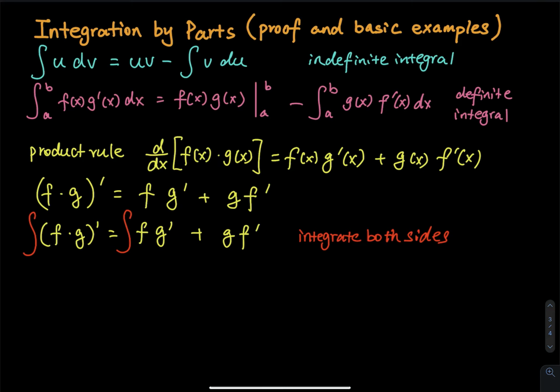How do we come up with integration by parts? The first step is you have to integrate both sides. Do you see that I have a red integration symbol? Integrate both sides. After you integrate both sides, the next line is we have the integral. Now, go back to the first line. We have (fg)' equals fg' plus gf', and then I am taking the integral of the left hand side, right?